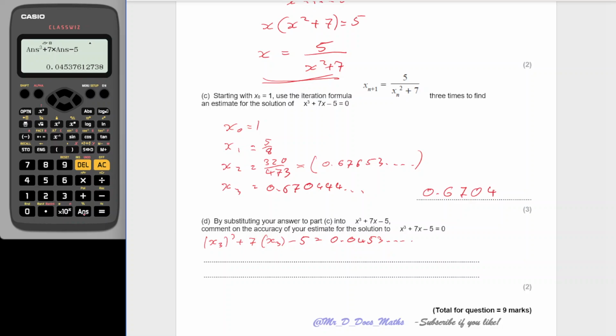Comment on the accuracy of your solution. So if I substitute it in, my answer is very close to 0. So my estimate is very close.